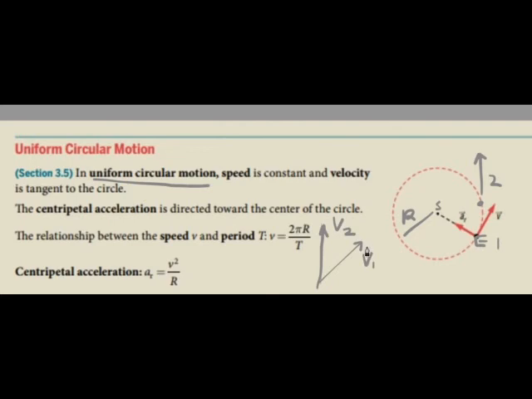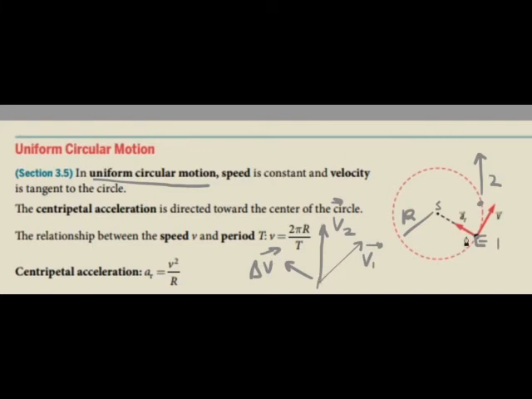Well, I really should indicate this is a vector, and this is another vector. Now, what's the change in velocity? What's v2 minus v1? The change in velocity is in this direction. So that's delta v, v2 minus v1.